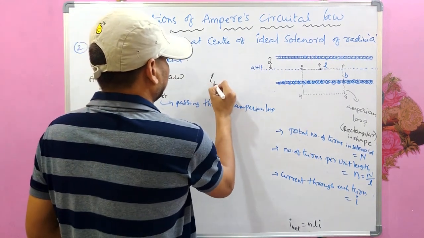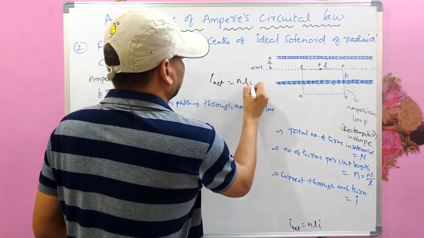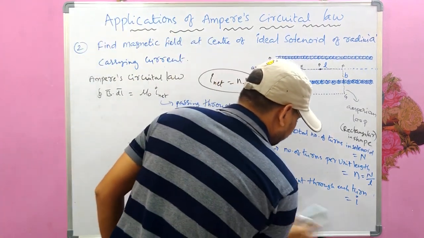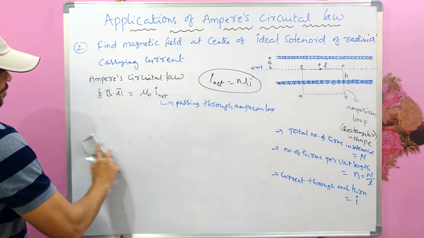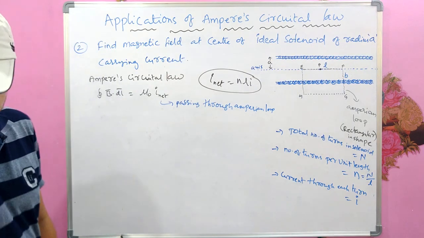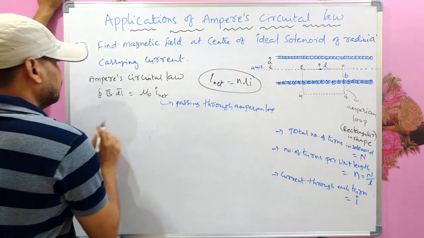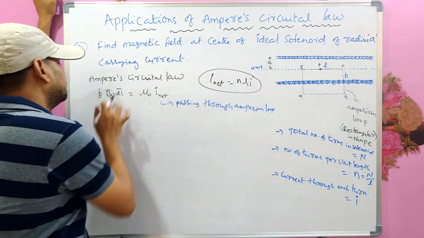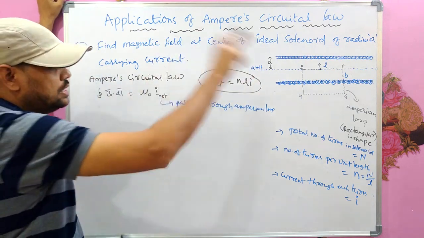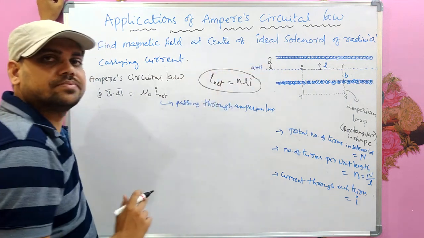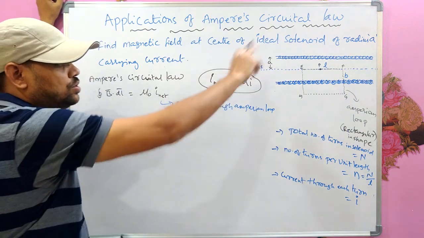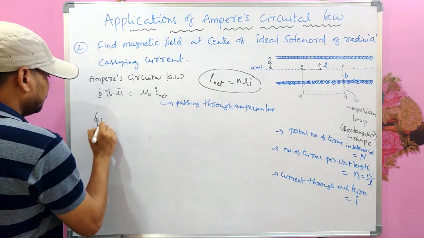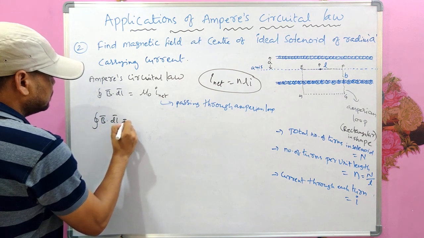I net that we have got as nL into I. Keep this in mind, because we are going to substitute it later. So now we will take the Amperian loop that we have considered and calculate the total line integral along its path on a closed loop.